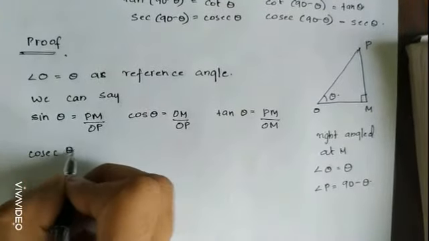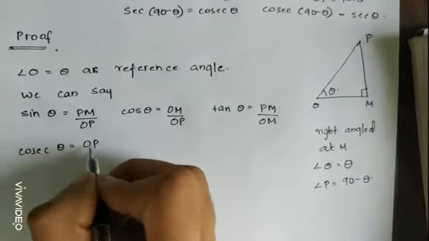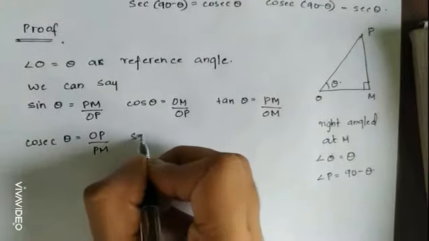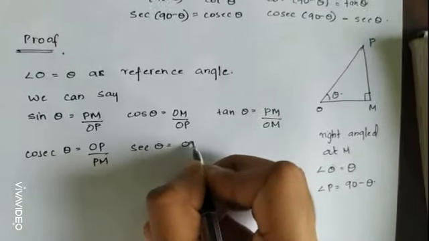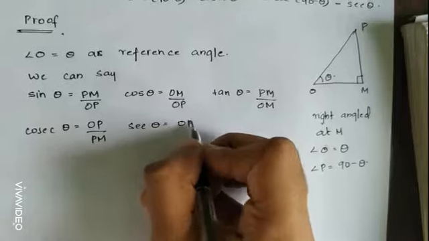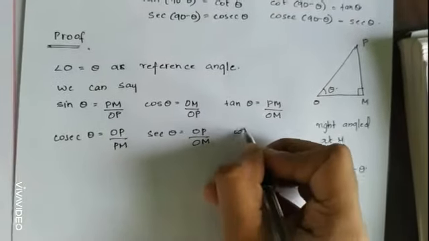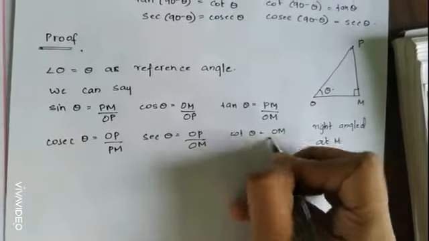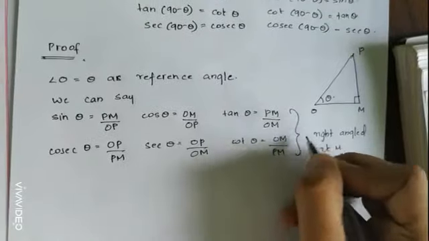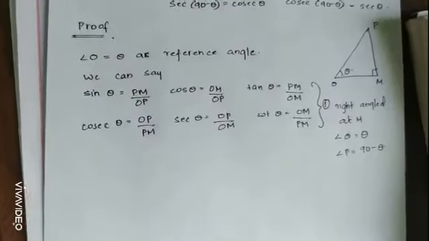Similarly, cosec theta is equal to OP by PM, sec theta is equal to OP by OM, and cot theta is equal to OM by PM. Let this be the first set of equations.